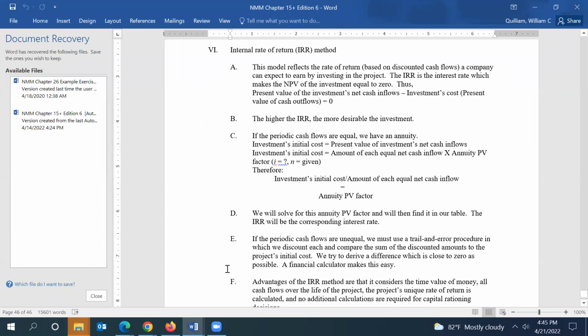Well, first, if periodic cash flows are unequal, we have to use a trial and error procedure in which we discount each, just like lump sums, and compare the sum of the discounted amounts to the project's initial cost. We try to derive a difference which is as close to zero as possible. Now, a financial calculator makes that easy, or something else like Microsoft Excel would. But to do it by hand is cumbersome, so we won't.